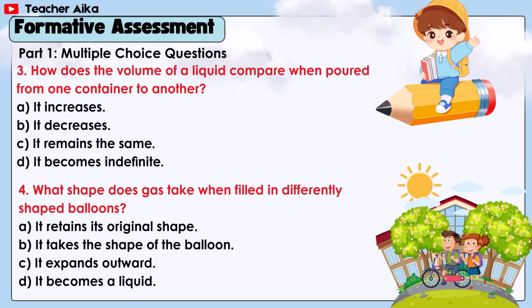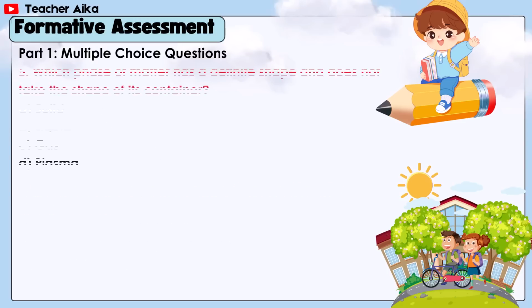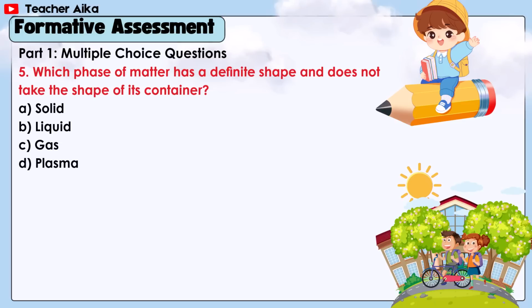A. It retains its original shape. B. It takes the shape of the balloon. C. It expands outward. Or D. It becomes a liquid. 5. Which phase of matter has a definite shape and does not take the shape of its container? A. Solid, B. Liquid, C. Gas, or D. Plasma?